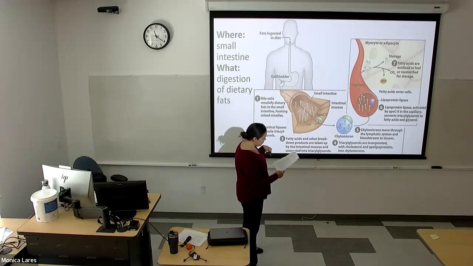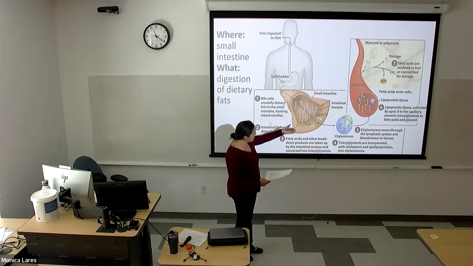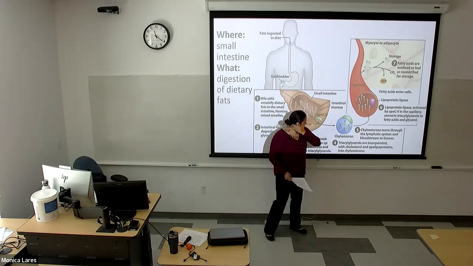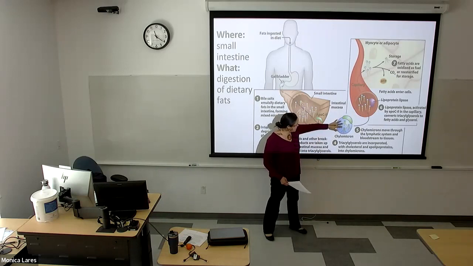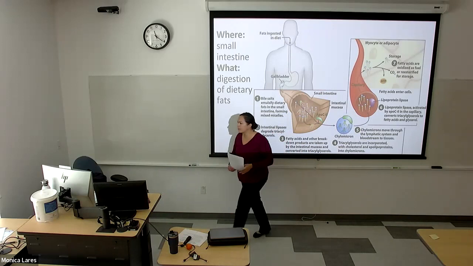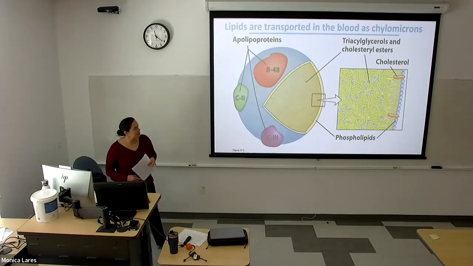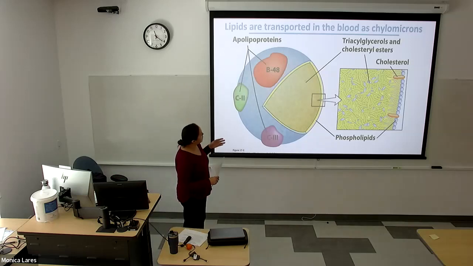And then along with cholesterol and other lipoproteins, they form these chylomicrons. Okay, so this has triacylglycerols incorporated with cholesterol and apolipoproteins. Here's a look. We'll come back to this slide, but just so you see those chylomicrons.